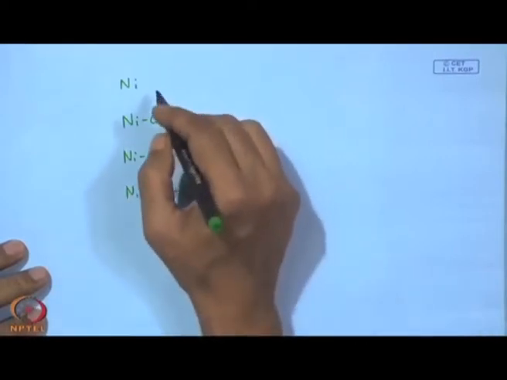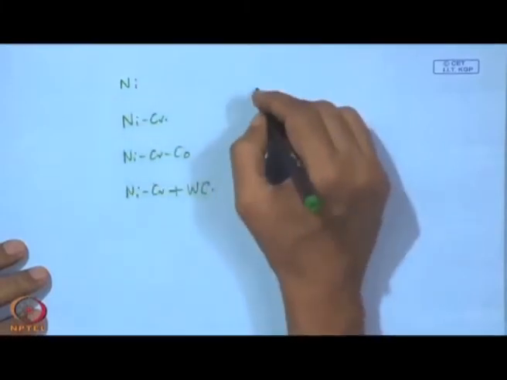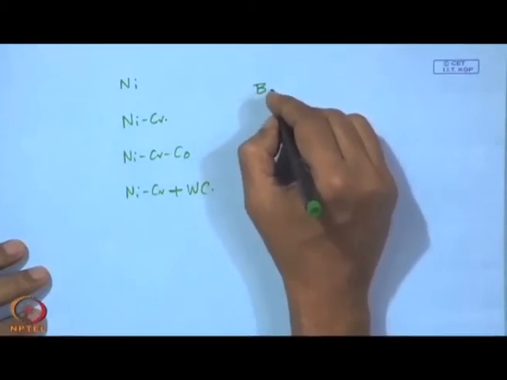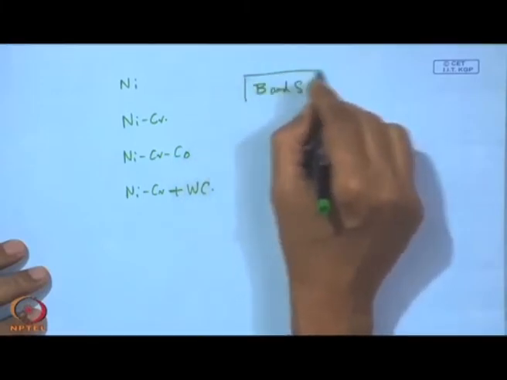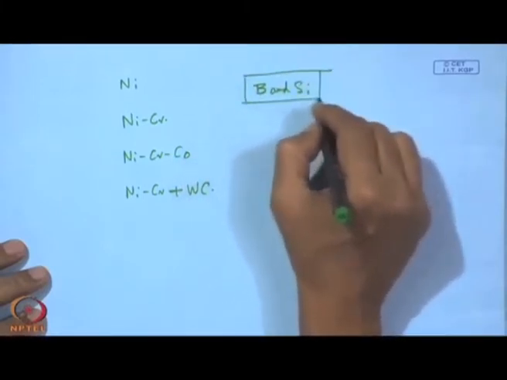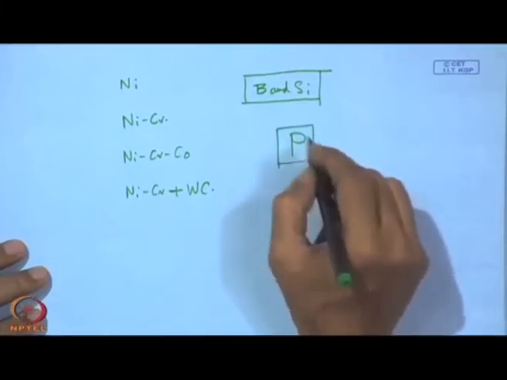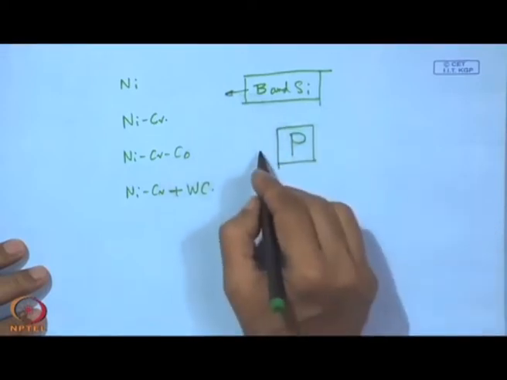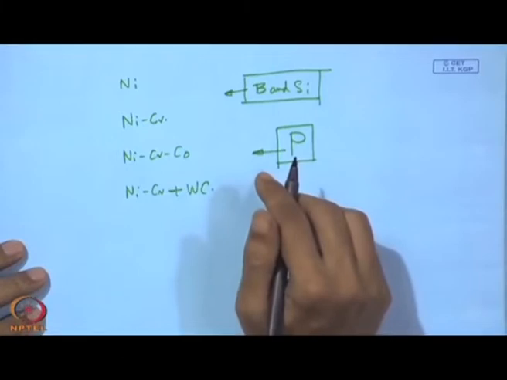What has been added in addition to this material can be one combination, maybe boron and silicon, or it can be just phosphorus, which is another additive. So, one additive may be boron and silicon, another additive is phosphorus. Now, what is their exact role?